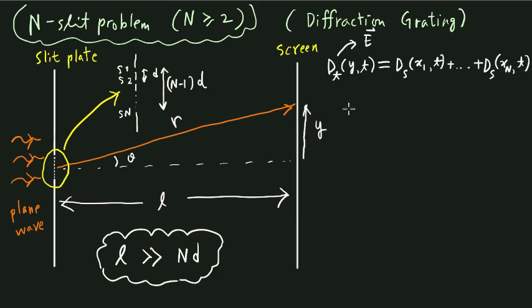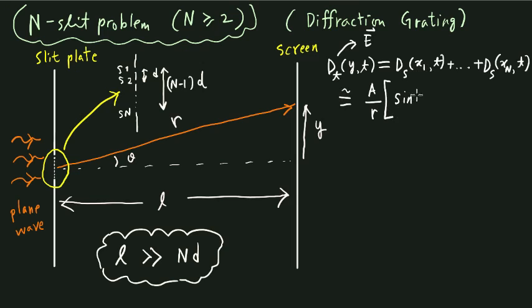The wave coming from each slit is approximated as a spherical wave as before, and the distance from each slit to the screen is approximately r. So as far as the distance appearing in the amplitude is concerned, we can approximate that to r, regardless of whether we have x1 or xn. But we must keep the difference in the distances in the phase factor.